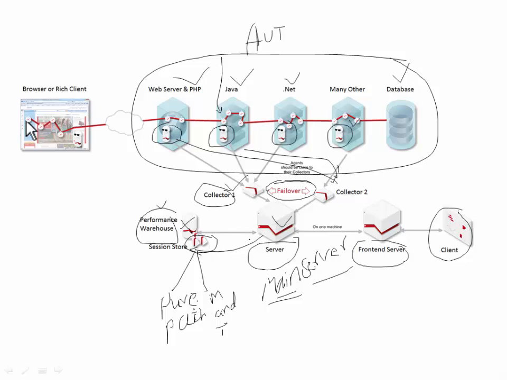Depending on the data, it will store it either in the session storage or the performance warehouse. Typically PurePath related data, memory and thread dumps will be stored in the session storage, and all the other data like measures and time series data will be stored in the performance warehouse.